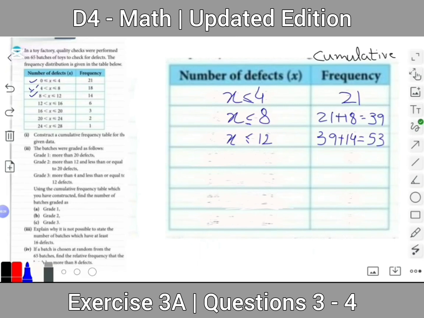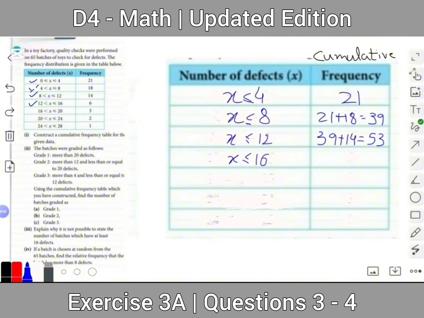We then just repeat this process all the way to the end of the table. So for the next class interval, from 12 to 16, with a frequency of 6, the number of defective toys now needs to go from 0 to 16. So we are taking x less than or equal to 16.